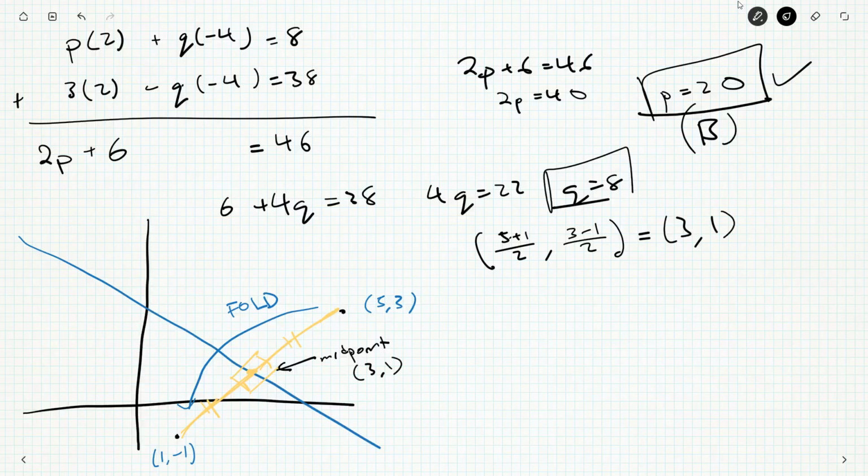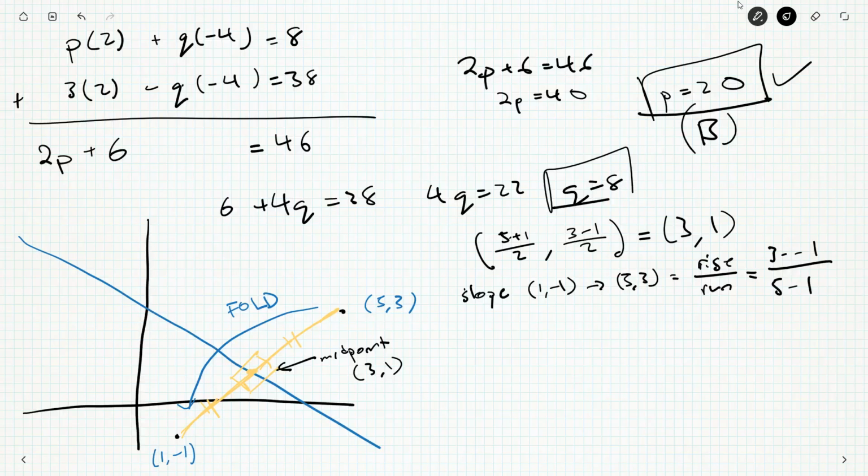This has to be on the fold line. Now, the slope of the line between our 2 points is rise over run. So that's going to be the difference in the y-coordinates over the difference in the x-coordinates.